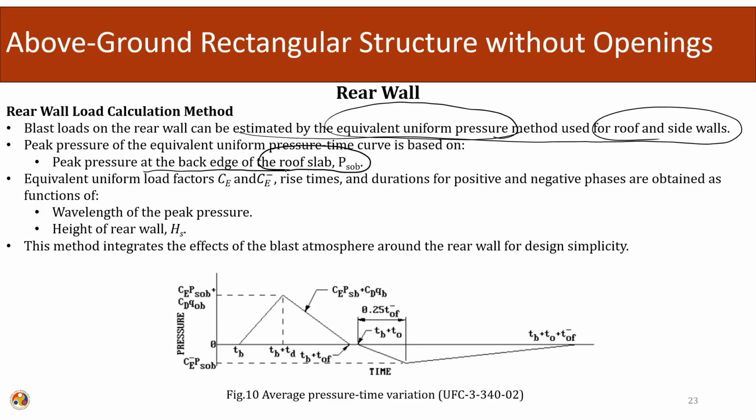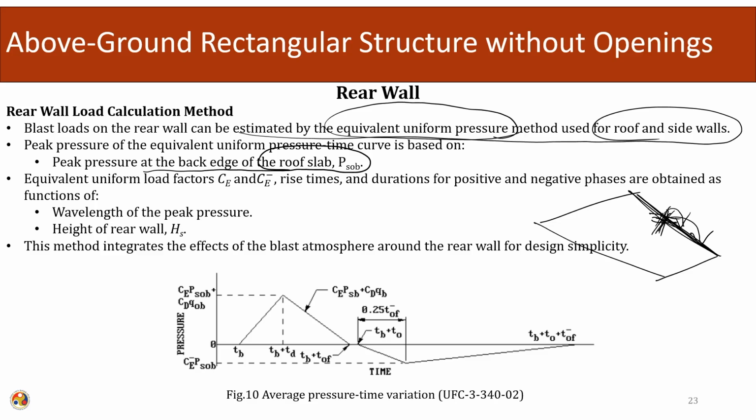So, in the roof slab, whatever is the peak pressure at the back edge, that pressure is used for the calculation of the pressure at the rear wall. It makes sense: whatever is occurring at the last end of the roof slab is applied as the peak pressure on the rear wall.